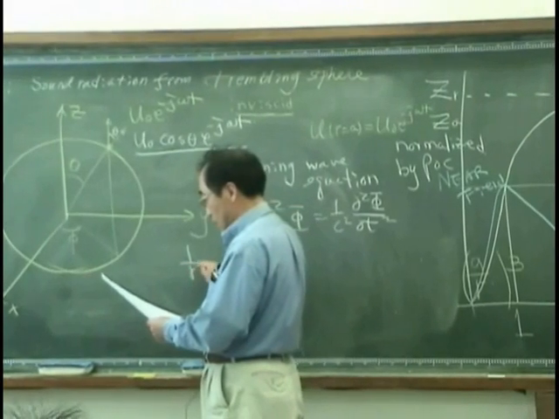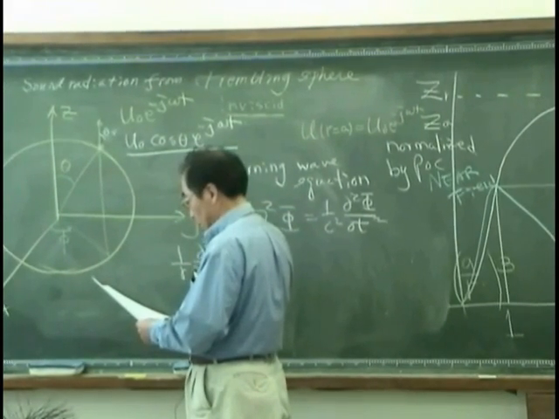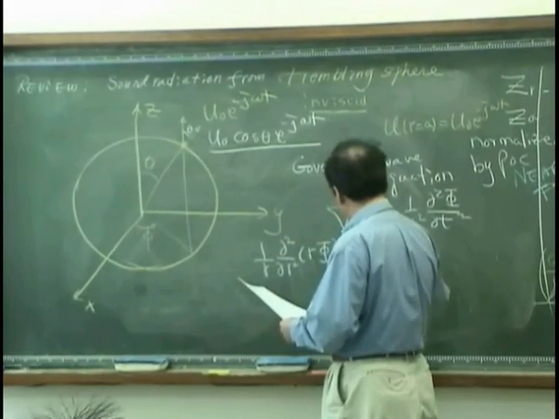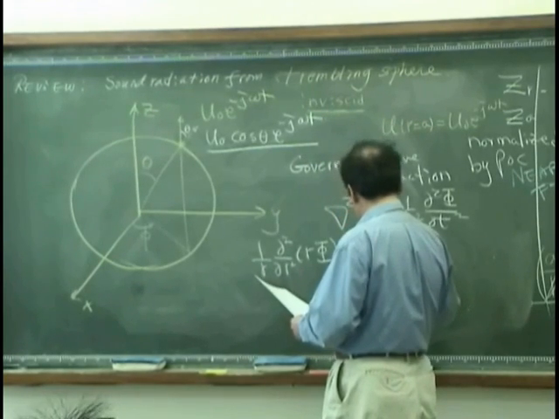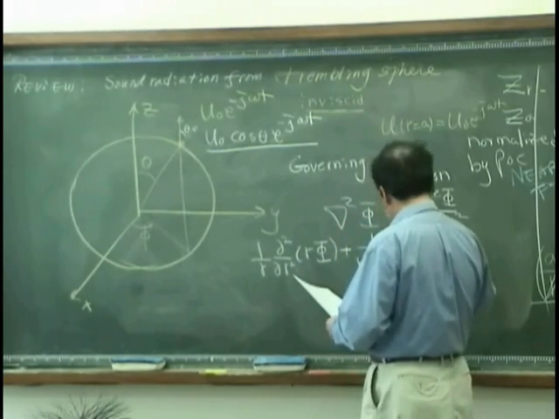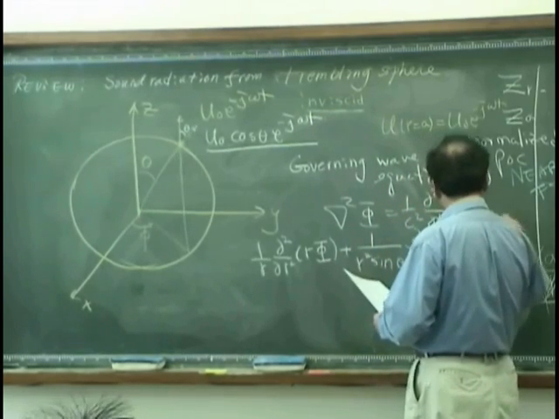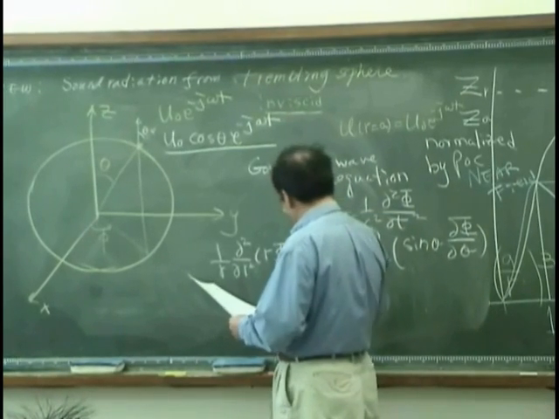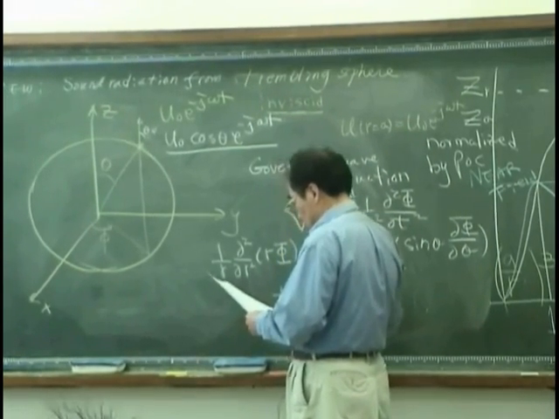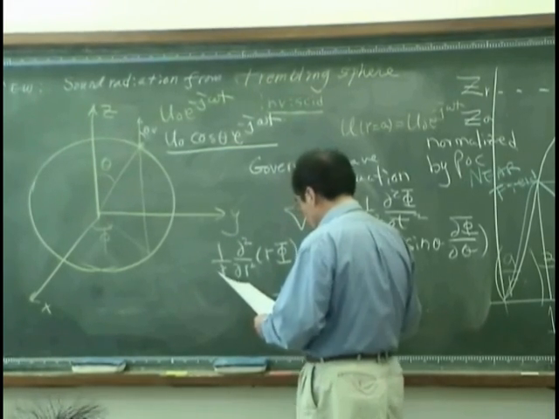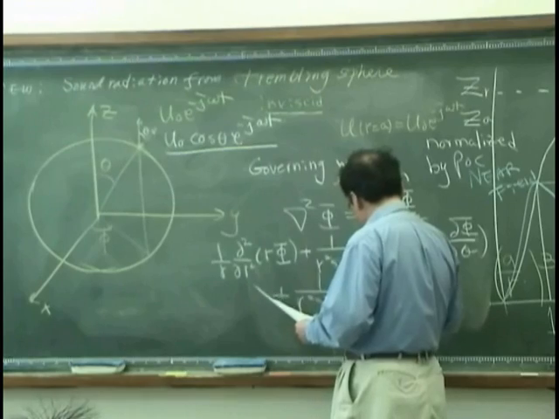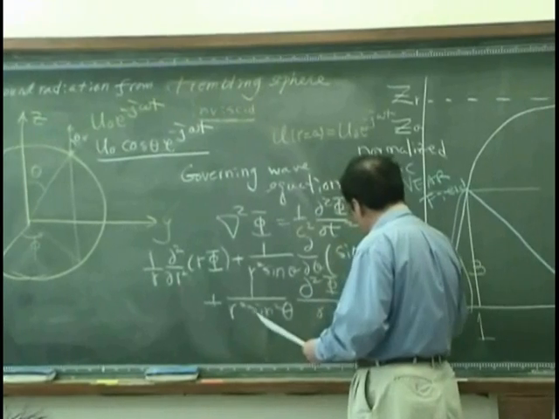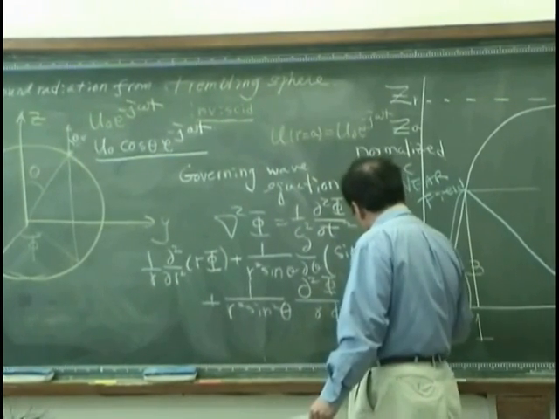So 1 over r d/dr (r² dφ/dr) plus 1 over r² sin θ d/dθ (sin θ dφ/dθ), and then I have plus 1 over r² sin² θ d²φ/dφ², has to be equal to 1 over c² d²φ/dt².